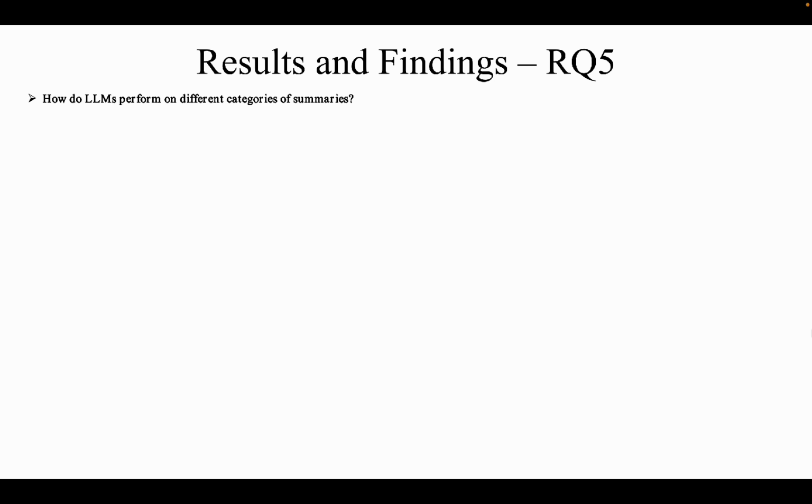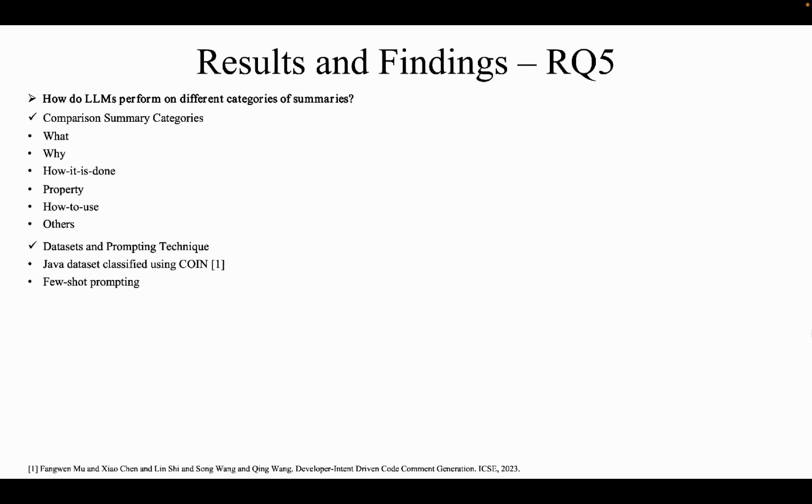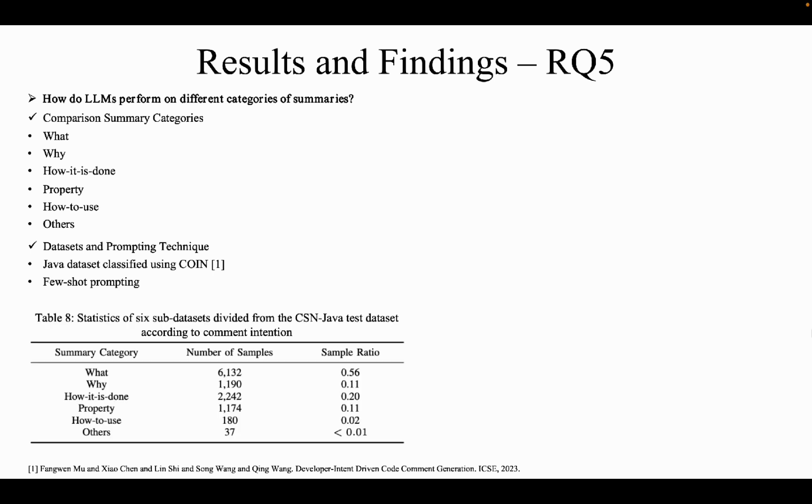And in the last RQ, we investigate LLMs' performance in generating different categories of summaries. Following existing studies, we classify code summaries into the following 6 categories according to their intents, and we employ the common classifier COIN provided by previous researchers to classify the CodeSearchNet Java dataset into 6 subdatasets according to the intention type, and randomly select 180 samples from each subdataset.